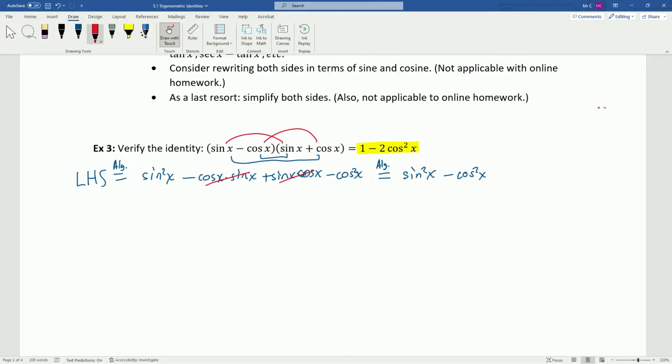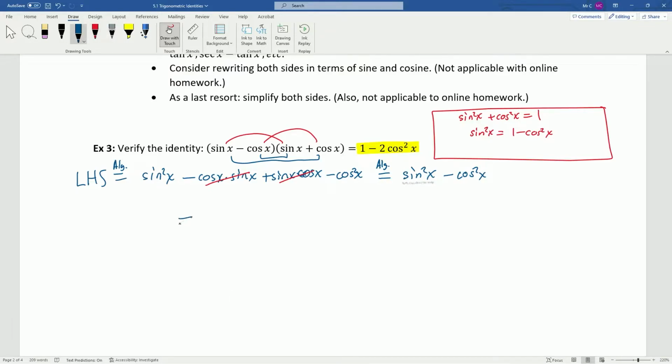Well, this is where our identities come into play. So we know that sine squared of x plus cosine squared of x equals 1. So if I want to substitute sine squared of x, I can always rearrange this equation to be sine squared of x equals 1 minus cosine squared of x. That's going to let me just replace this sine squared.